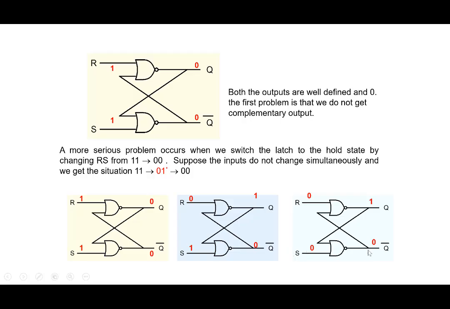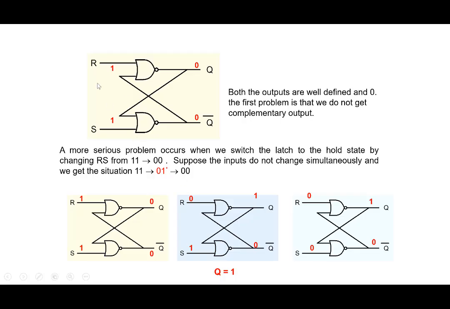Then 0 0 is the hold state, so my NOR latch has gone into a state of 1 and 0, the set state. So when we go from 1 1 to 0 0, it goes into a set state, with Q equal to 1.